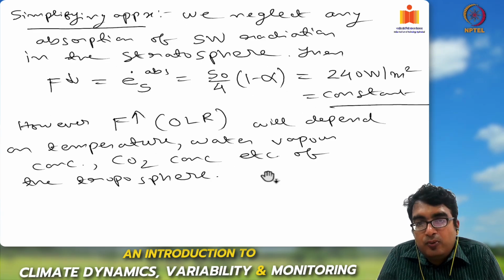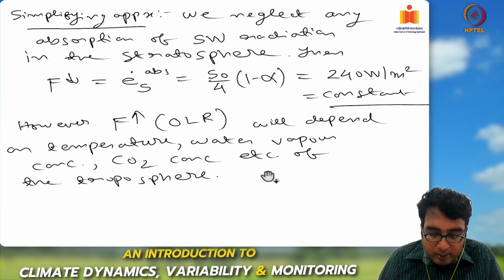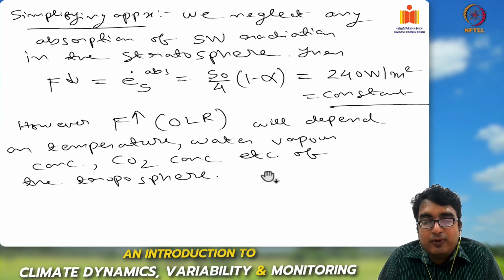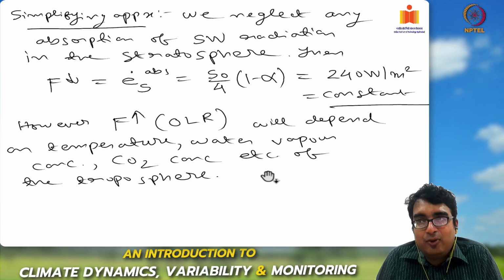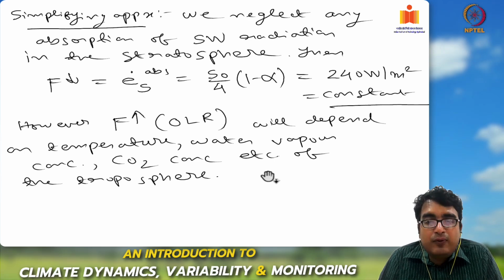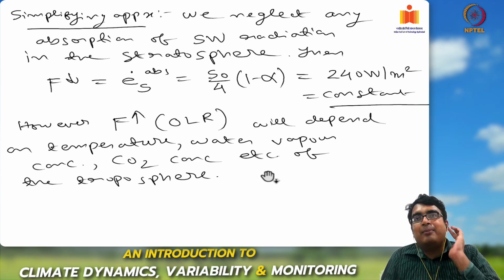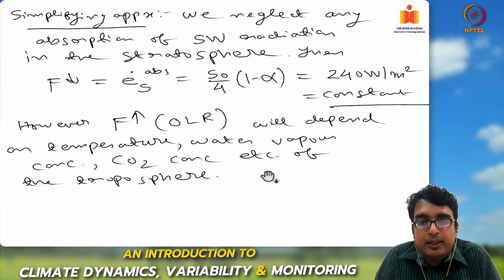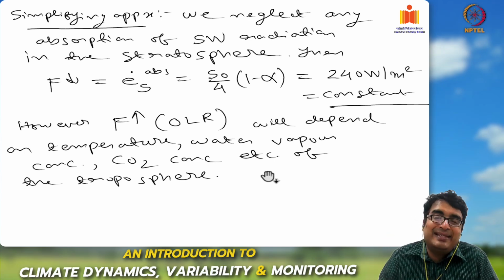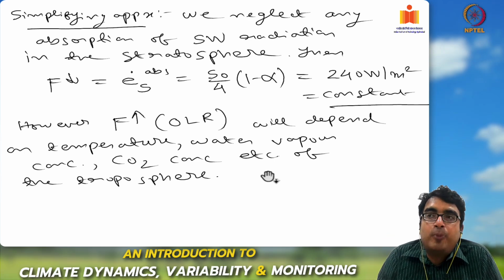We also assume that the stratosphere is not absorbing any shortwave radiation, which is of course inaccurate because of the absorption of UV radiation by the ozone layer, and so the entirety of the absorbed shortwave radiation is occurring within our designated climate system, that is below the tropopause.